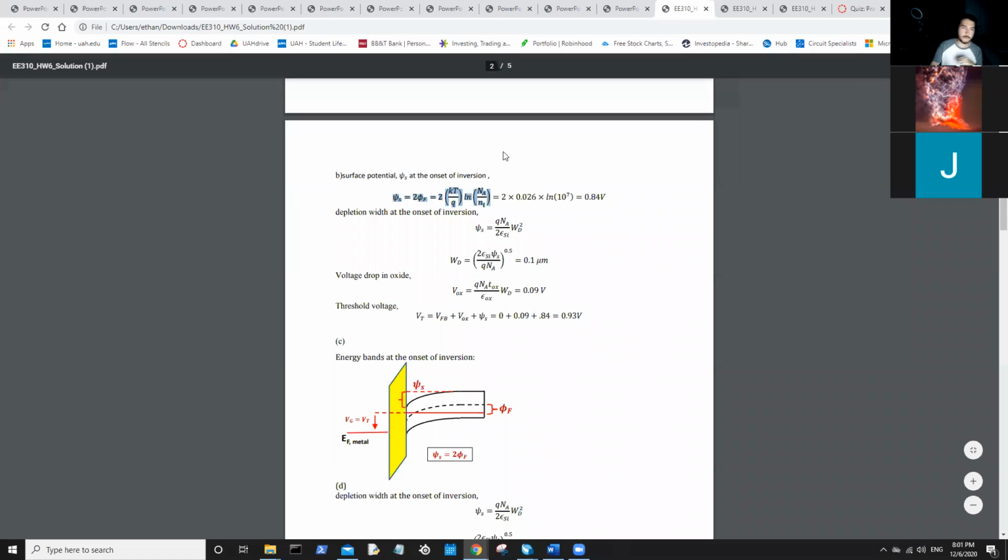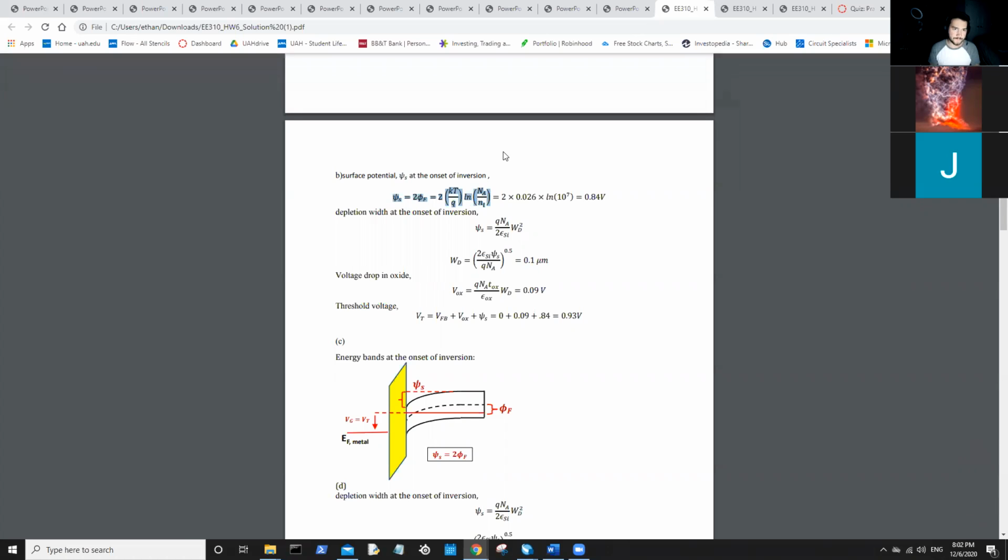You can solve for surface potential first using this formula, and then use the surface potential formula to find the depletion width, which is reorganized like this. This question from the homework is essentially identical to what we're about to do. So the first step is to calculate the surface potential using that formula.